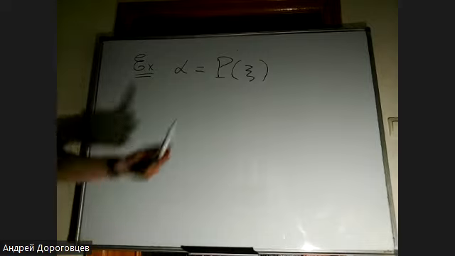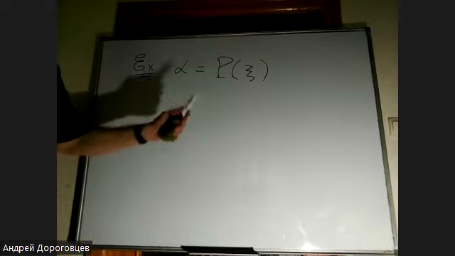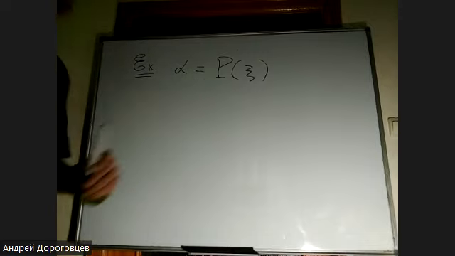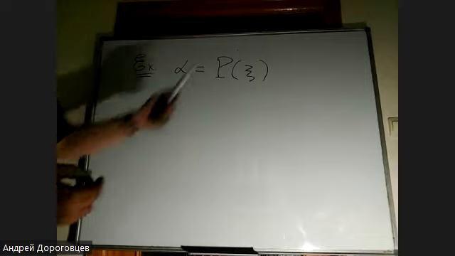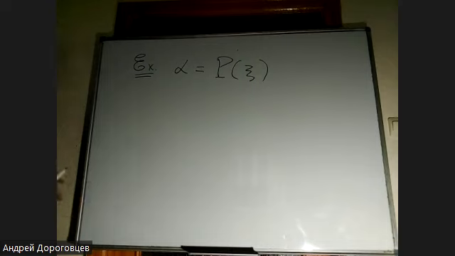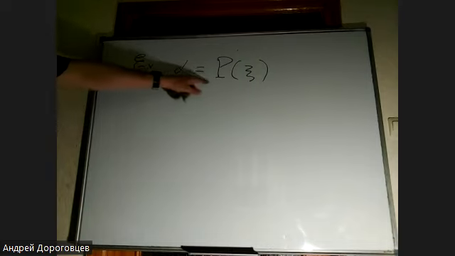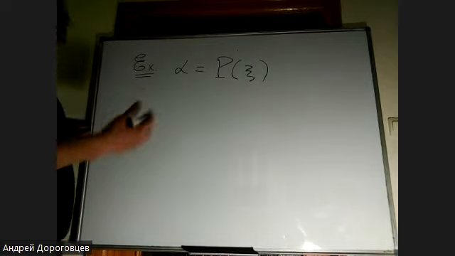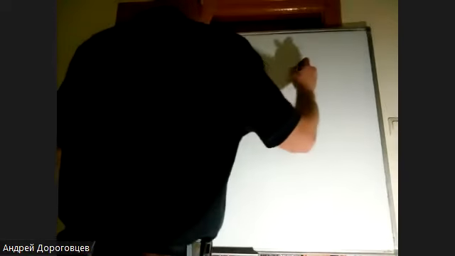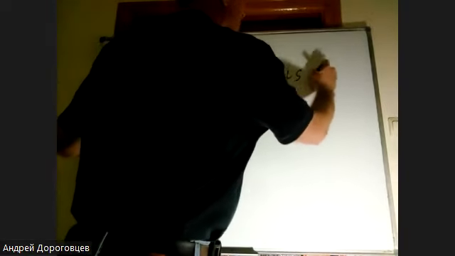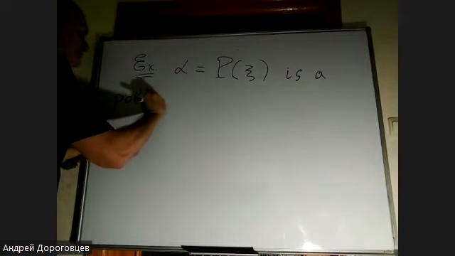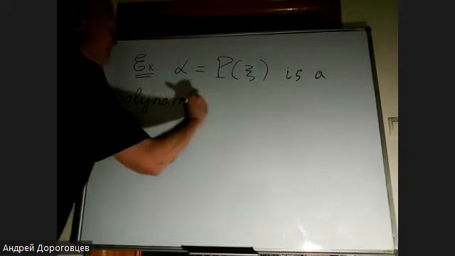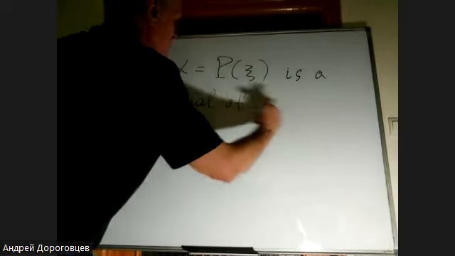It is common to denote polynomial algebra by the capital P. It is common for us to denote probability by capital P and so on. But here, I think that it is convenient.